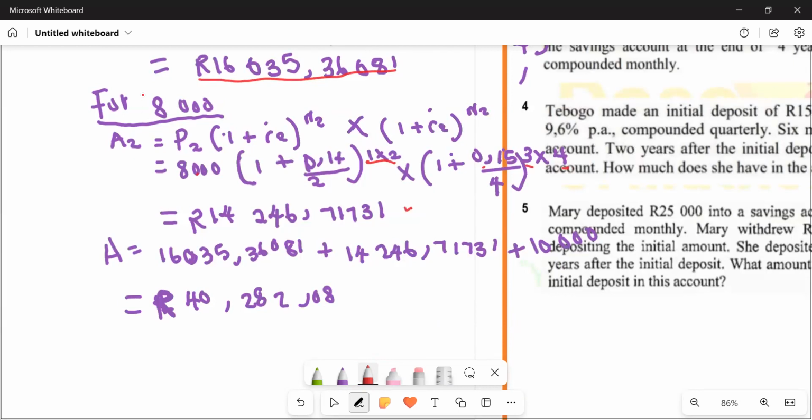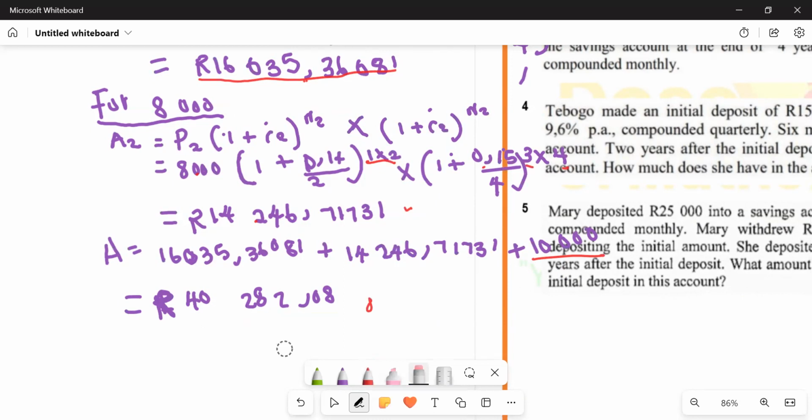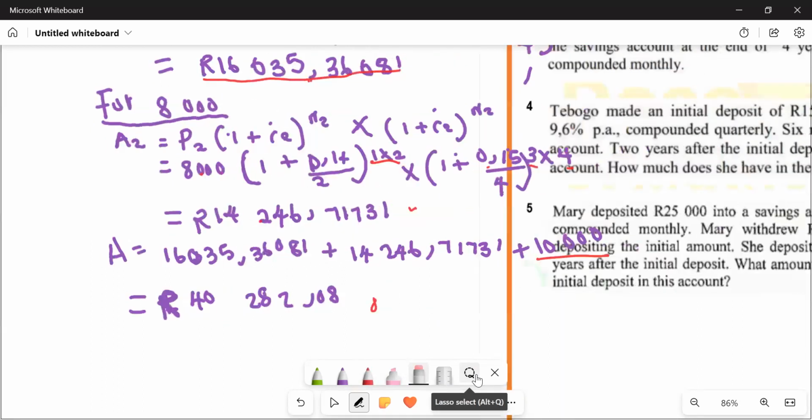It's going to be A1, which is for 6,000, A2 for 8,000, and 10,000. Then at the end of the day, I'm going to get 40,282.08. A question like this one, most of the time, it can be 8 marks or 7.